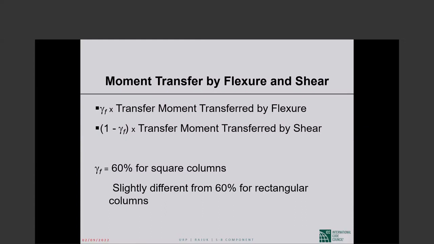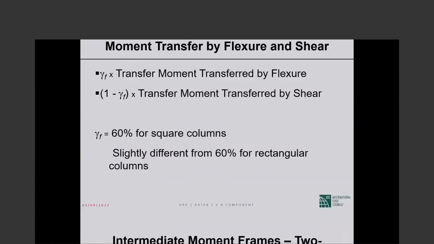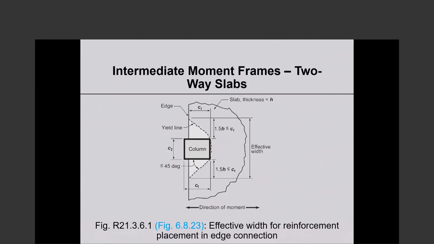Gamma sub F is 60% for square columns, and the reinforcement that we need to resist this 60% of unbalanced moment by flexure has to be placed within a narrow moment transfer band, the width of which is the transverse column dimension C sub 2 plus 1.5 times the slab thickness on either side.